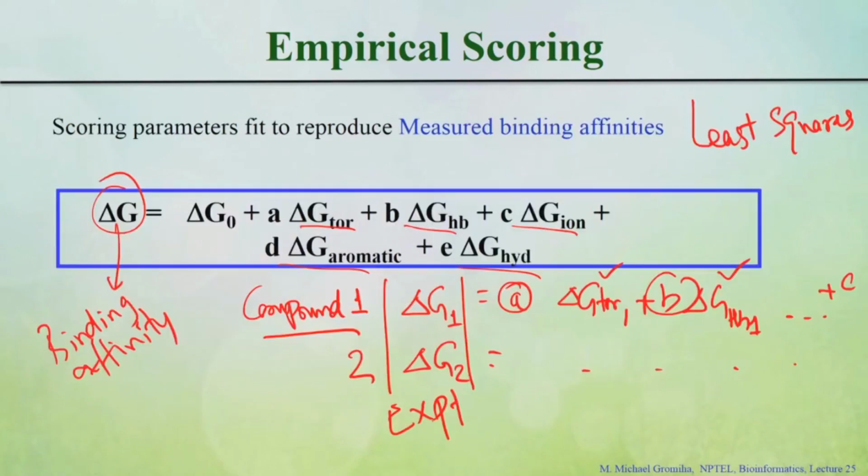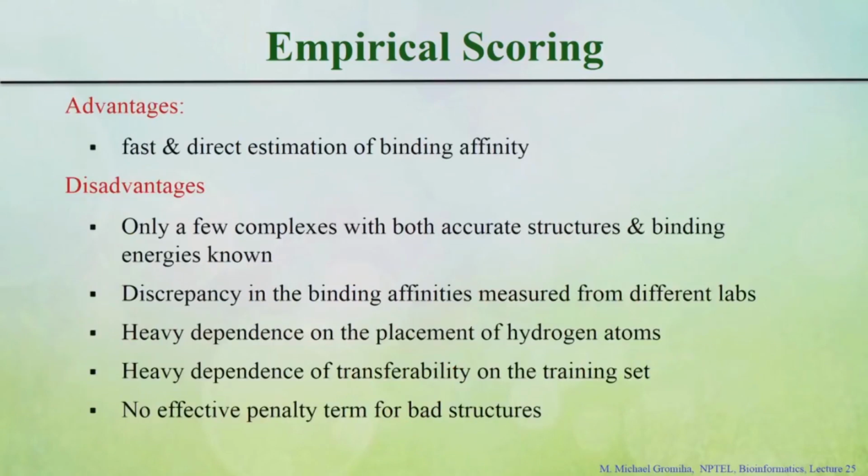For developing this empirical scoring, we need the value of delta G. If delta G is available for thousands of compounds, you can get better results, but delta G is available only for a few compounds. For example, if you take any specific target, you do not get many compounds, only a few.